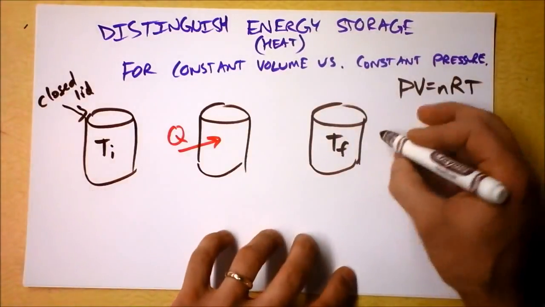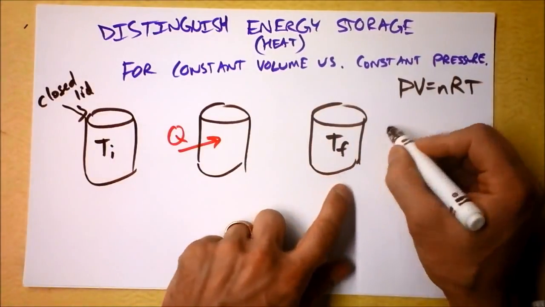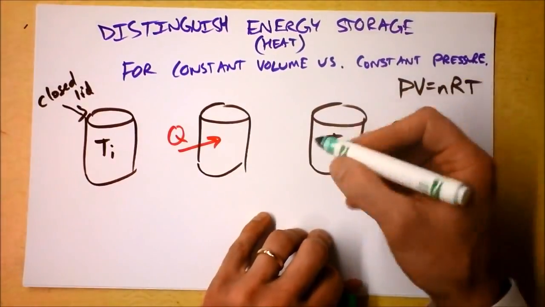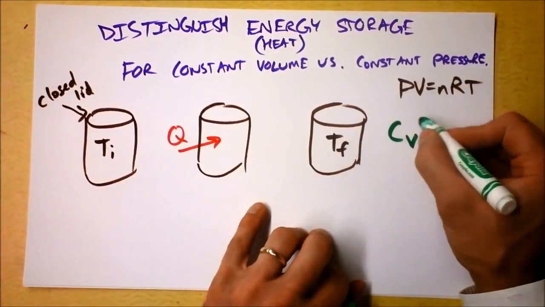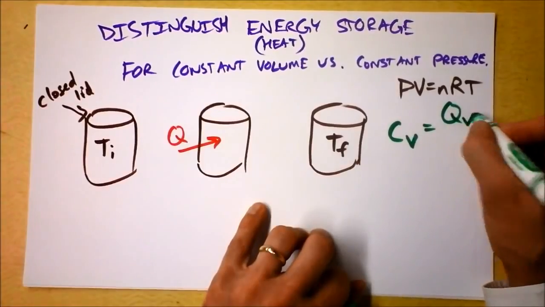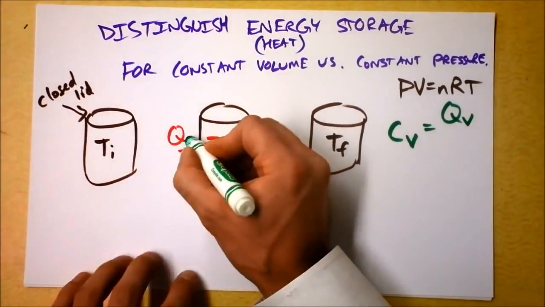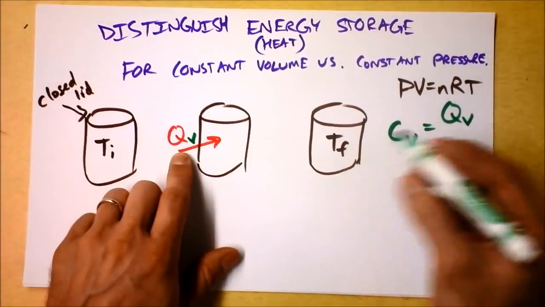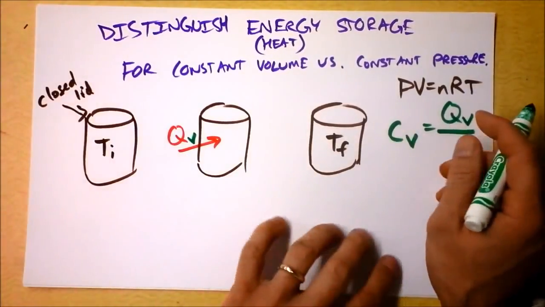So in this situation, we can define heat capacity to be CV, and it's uppercase, but you can't really tell that. That's going to be the heat that went in at constant volume. Oh, we should label that. That's the constant volume heat, that Q that goes in right there. And then, let's use the molar one.